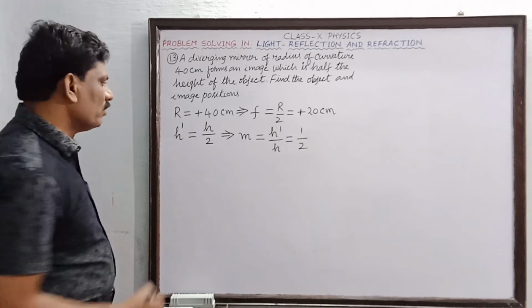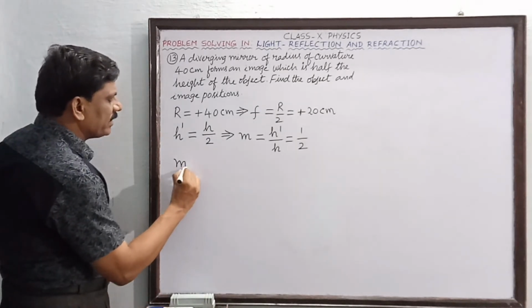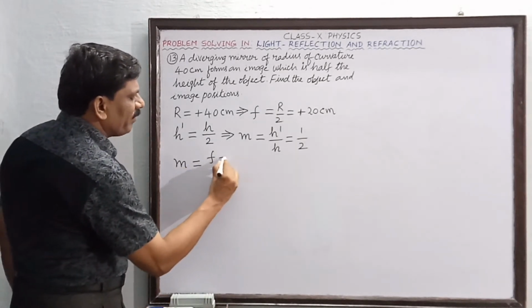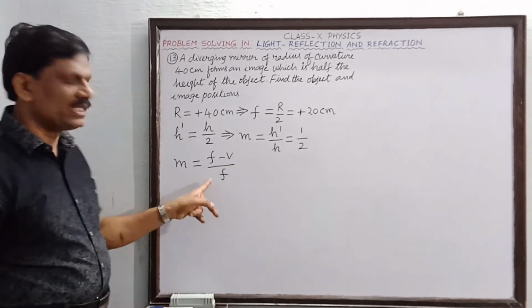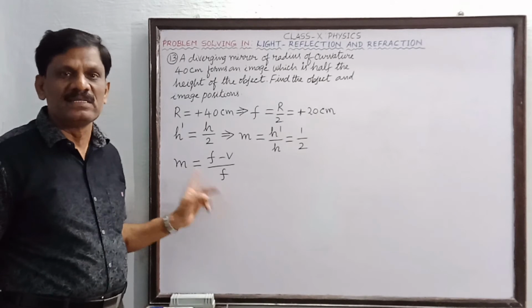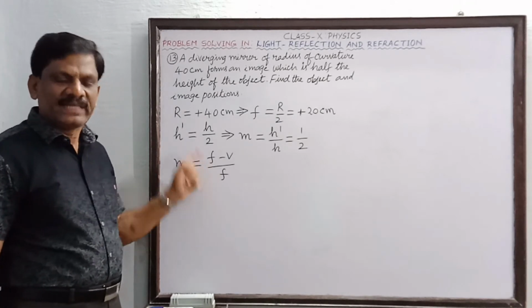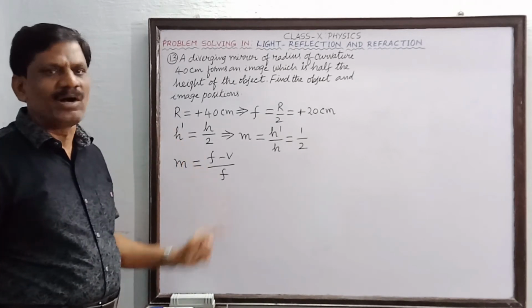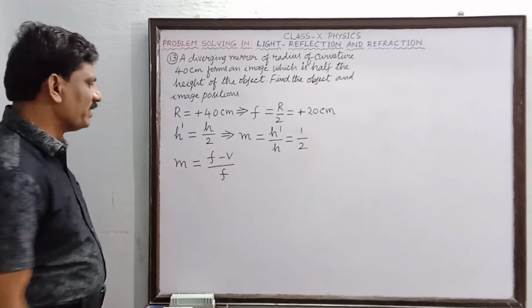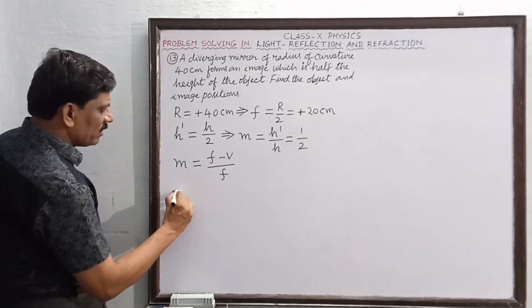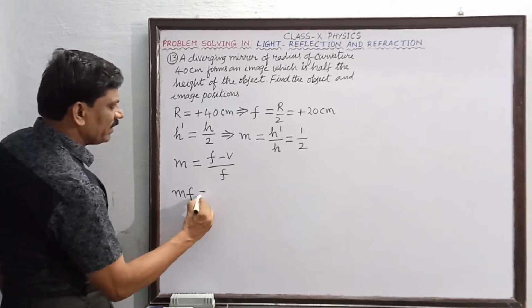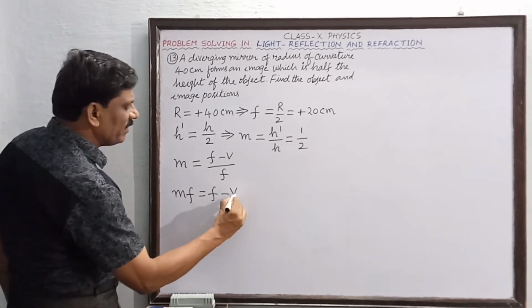Now I told you magnification also is equal to f minus v divided by f. There is another shortcut formula I told you, is it not? This is particularly for time management, saving time in competitive exams. Directly you can use this equation. So this equation implies m into f is equal to f minus v.